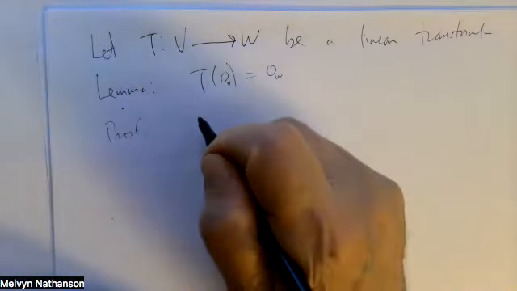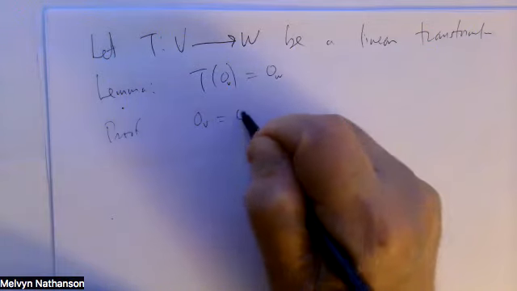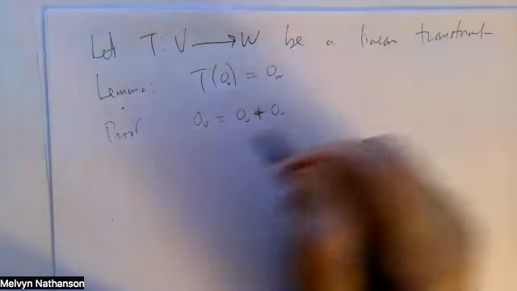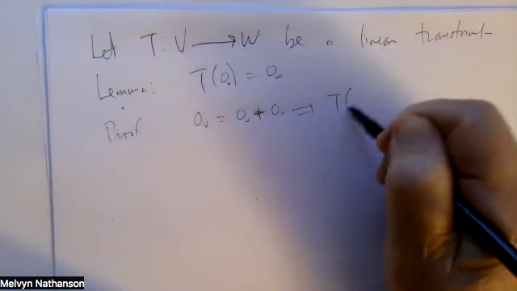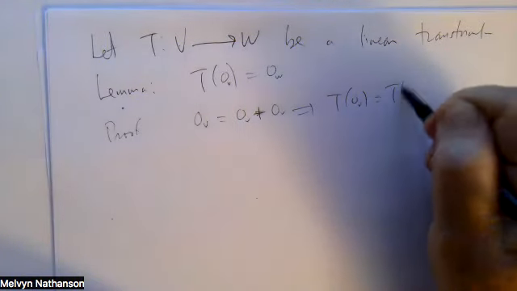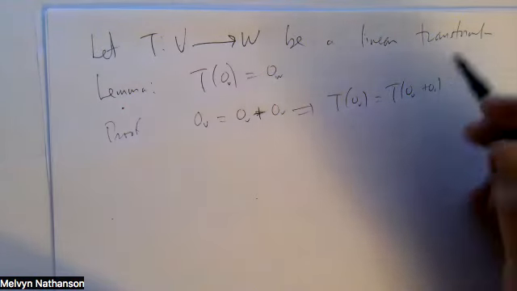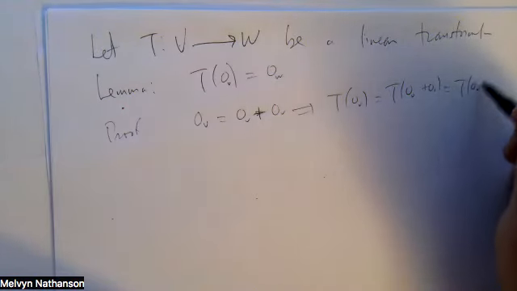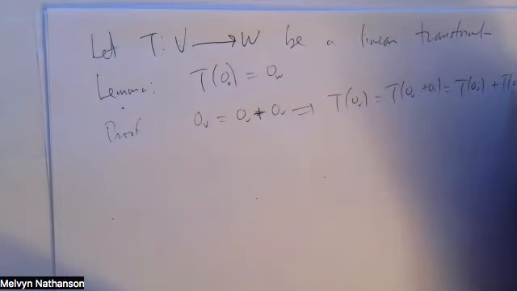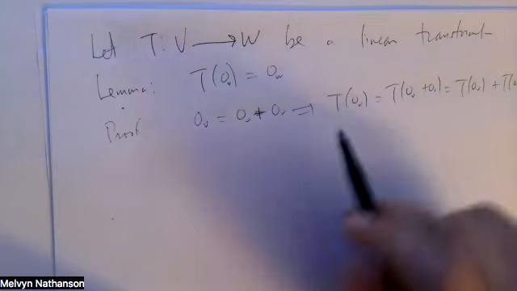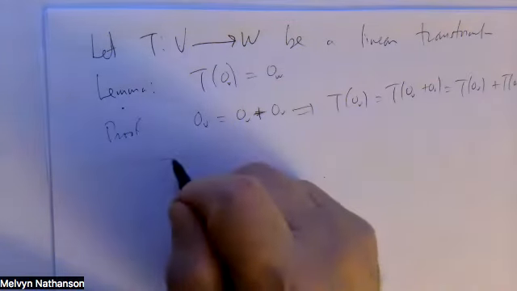And the proof simply comes from the fact that 0 is 0 plus 0. So T of 0 is T of 0 plus 0. Because T is a linear transformation, this is T of 0 plus T of 0. I don't know what this vector is yet, but it's a vector, so it has an additive inverse.